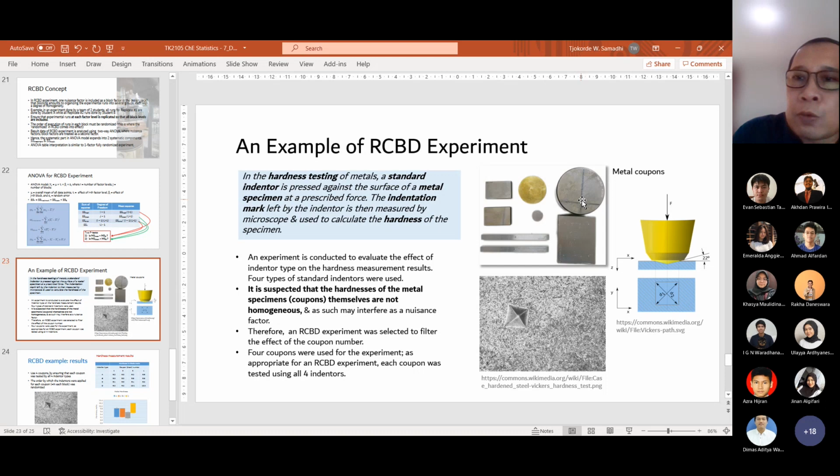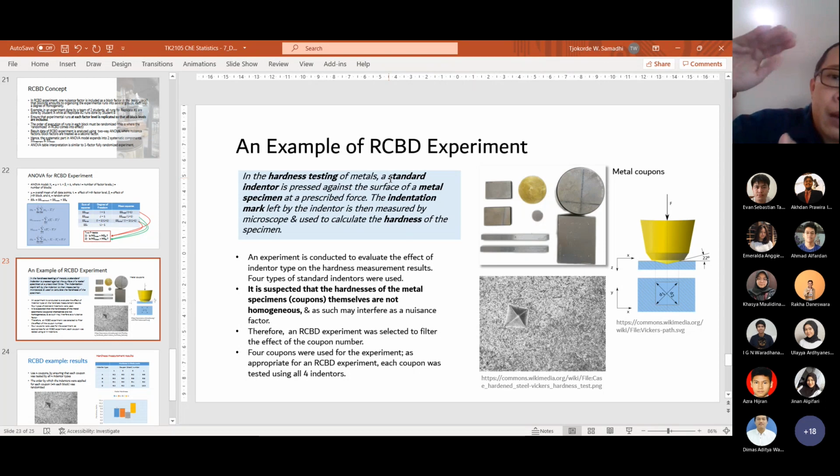Right? And the way we do a hardness test is really quite simple. We have what is called a standard indenter. Nah, kata-kata indentor ini saya agak susah nyari terjemahan Indonesianya. So essentially, they will leave permanent marks on the surface of the metal.